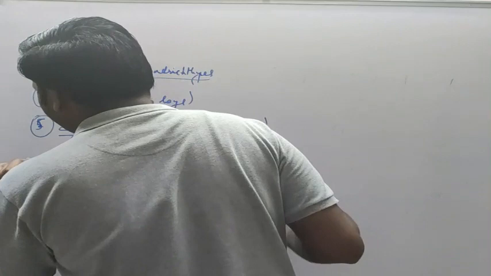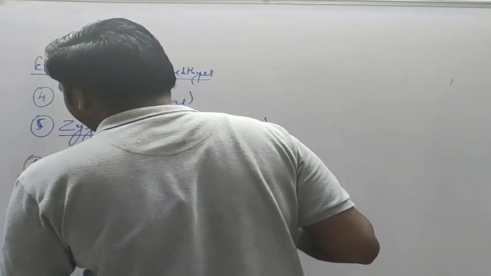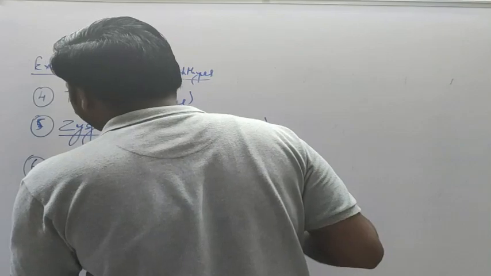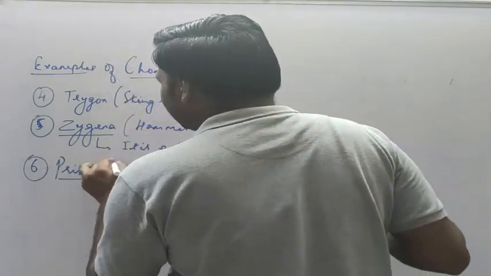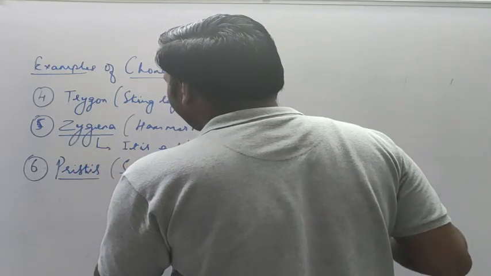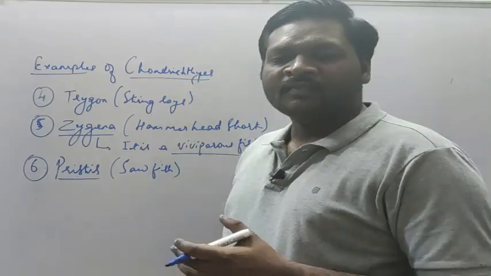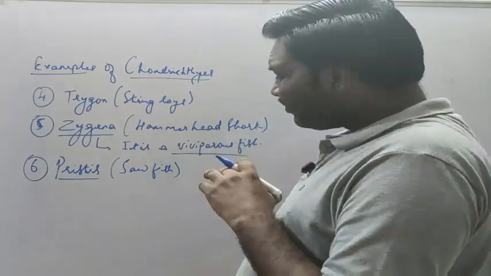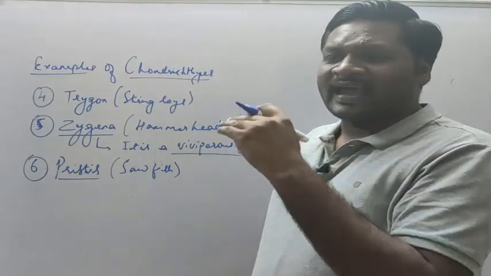The next, Pristis. Okay, Pristis is also referred to as the sawfish. Now, as the name indicates, when we look at the structure of this fish, the rostrum, that is the anterior part of the mouth, is acting as a saw.